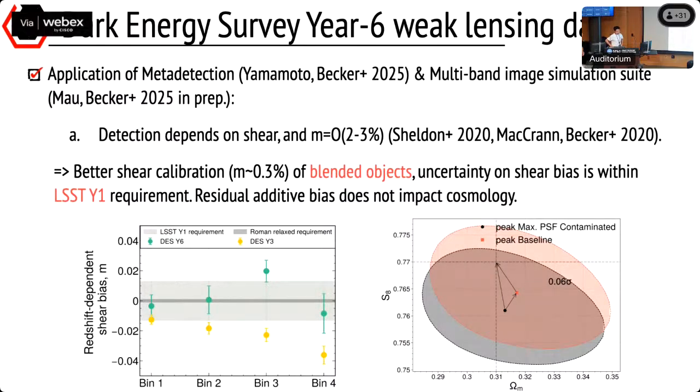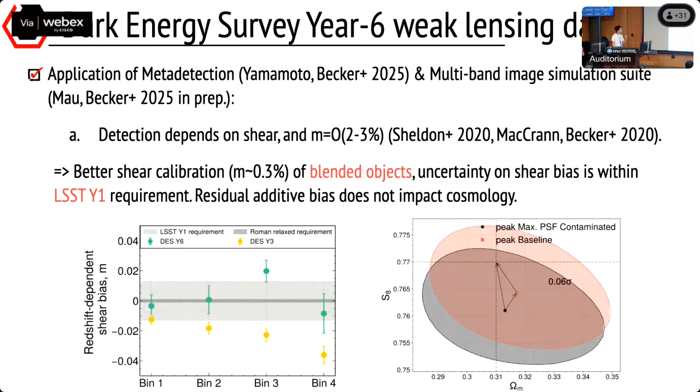And the second improvement is the way we calibrate and measure galaxy shapes. In year 3, we saw a few percent level multiplicative bias with the method widely known as metacalibration. It is an algorithm which can be directly applied on the data and self-calibrates the raw galaxy shapes.